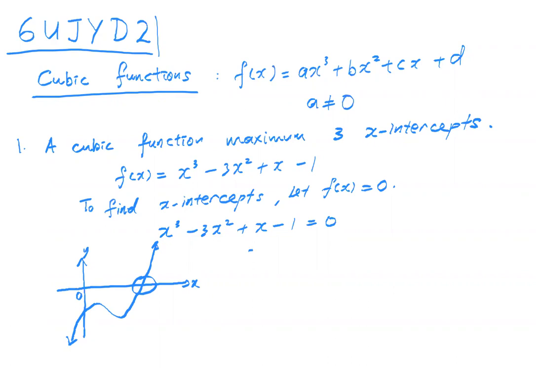May I know what is the x-intercept? What is the value? 2.769. Is that correct? I check with my graphic calculator. Yeah, 2.769. So you see how good your graphic calculator is.